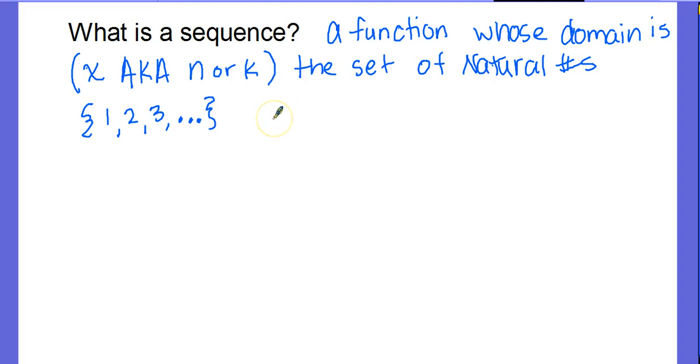Now, sometimes we get a little confused with notation. So here's an example of a sequence. We're going to do an infinite sequence. 1, 3, 5, 7, infinity, and on and on and on.